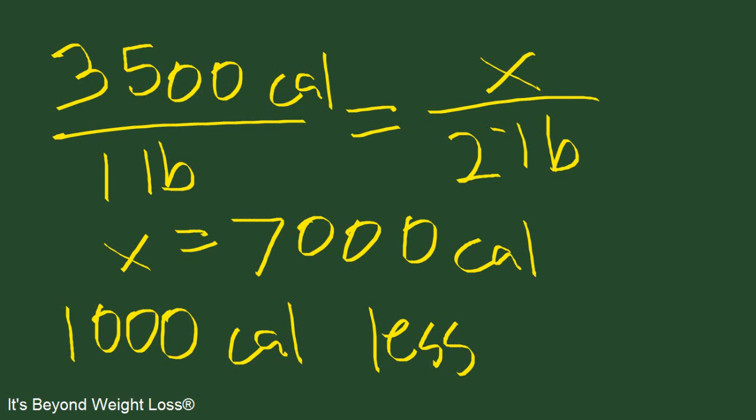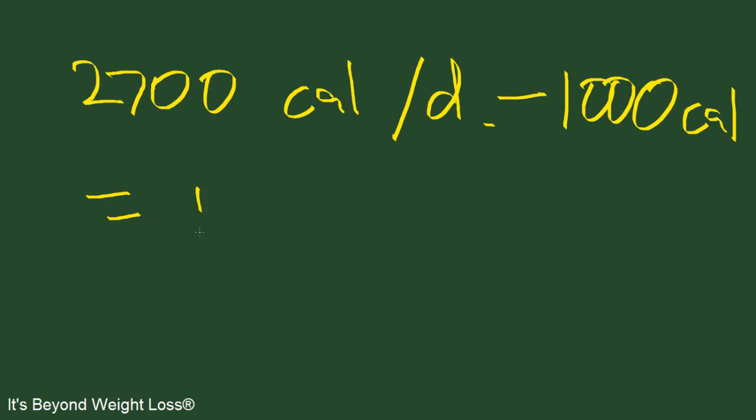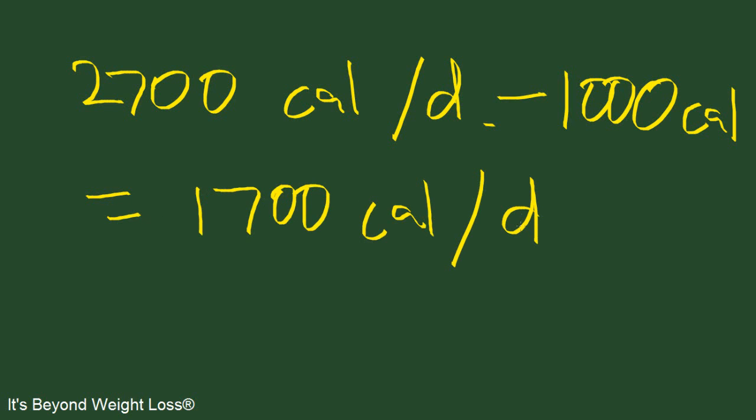So for me personally, since I burn right around 2,700 calories per day, in order to lose 2 pounds per week, I have to not take in that extra 1,000 calories, which means I can eat 1,700 calories per day and lose the 2 pounds per week that I want to.